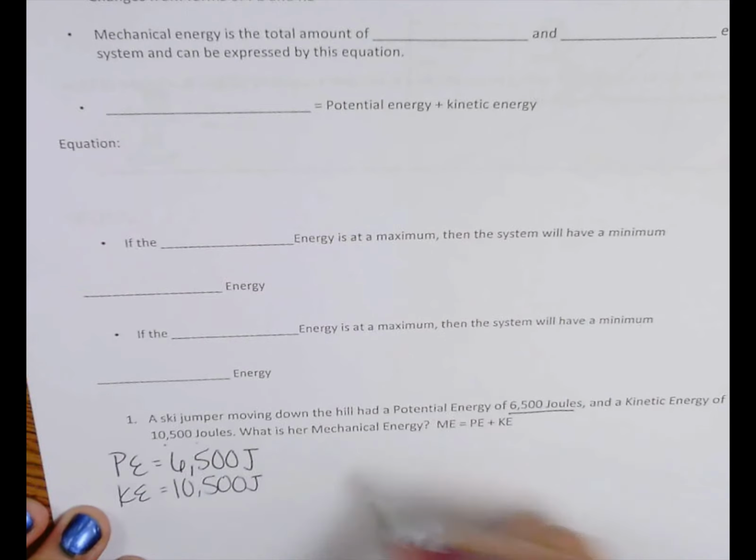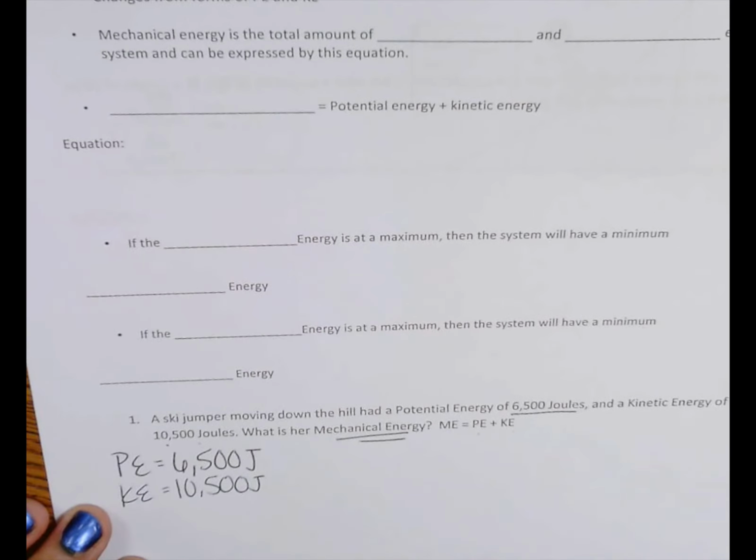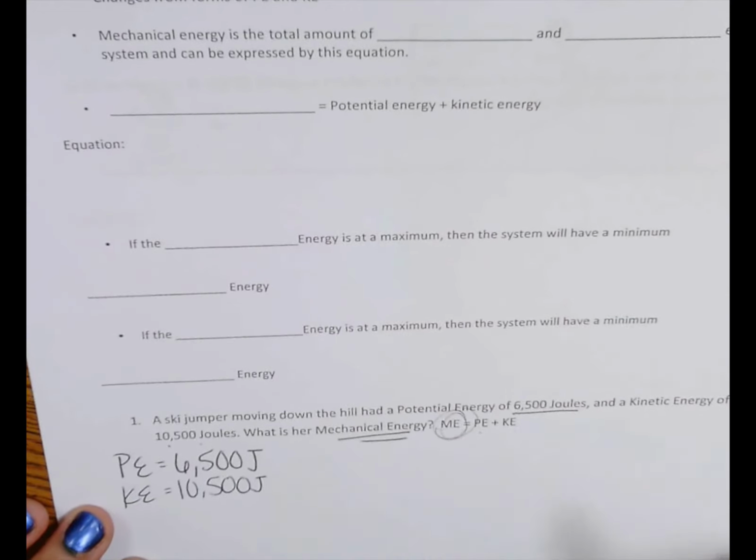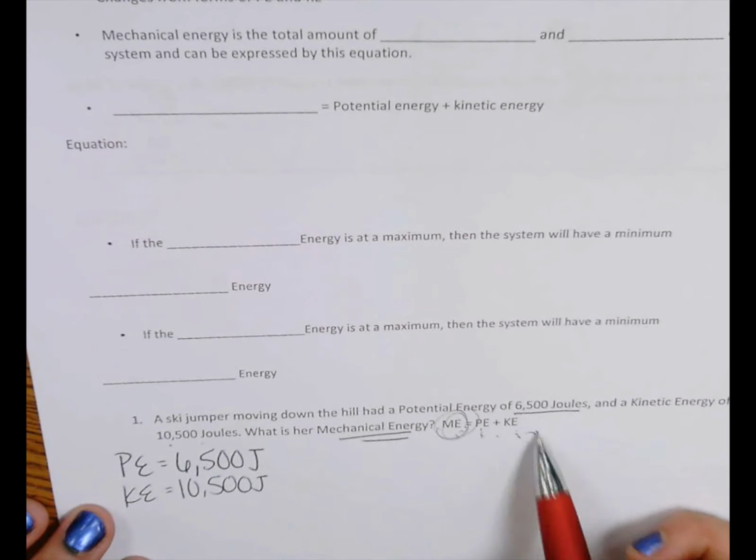What is her mechanical energy? Remember, all mechanical energy is potential plus kinetic energy. It's the total energy. And this isn't going to change. The ratios of these are the only things that are going to change.